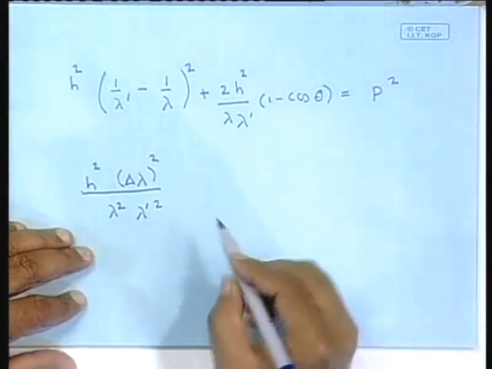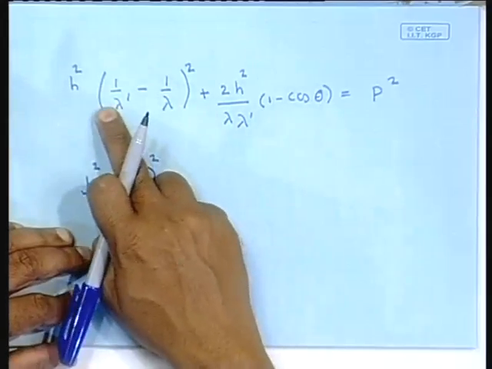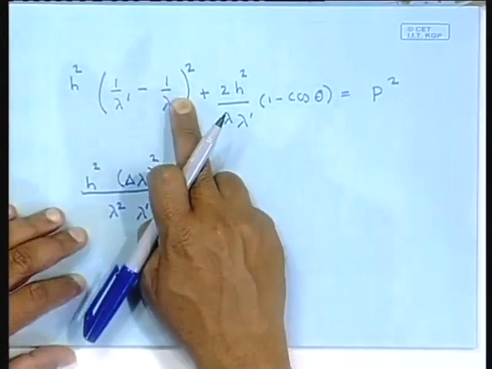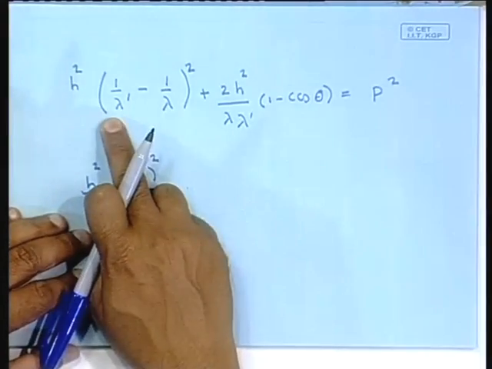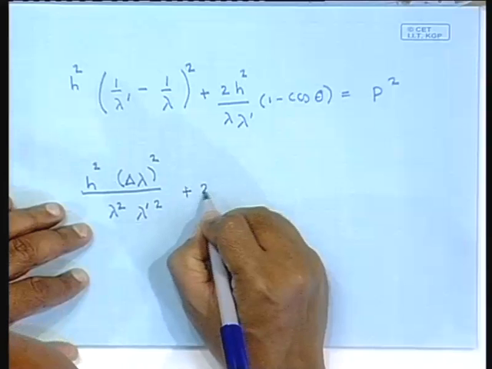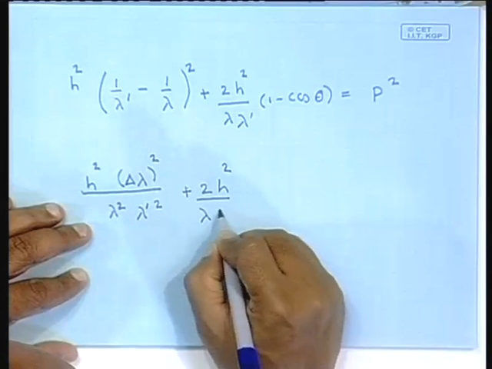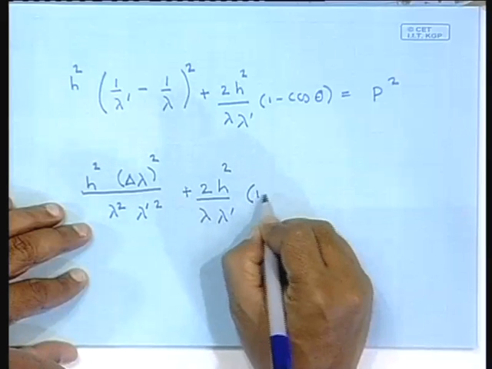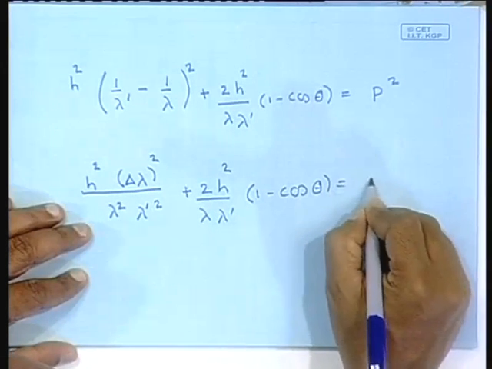This is the same as this, because I can multiply this whole thing by a factor of lambda and this by a factor of lambda prime. So, in the numerator I have delta lambda, in the denominator I have this square and this square, plus 2h square lambda lambda prime 1 minus cos theta is equal to p square.